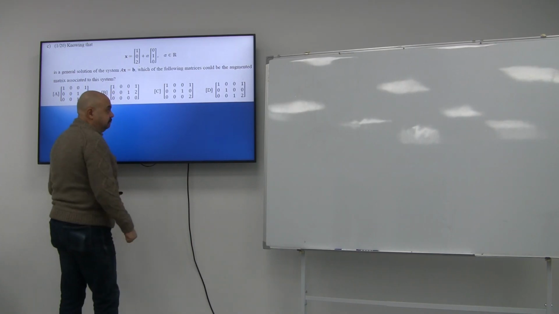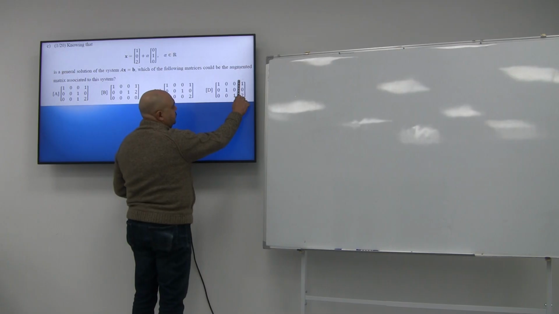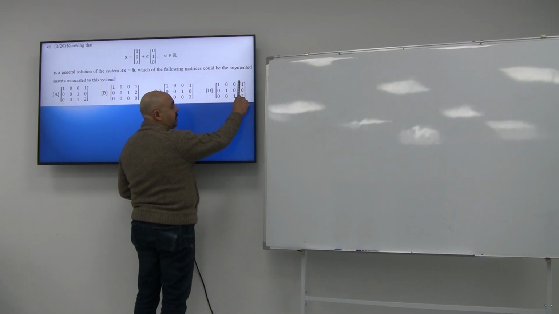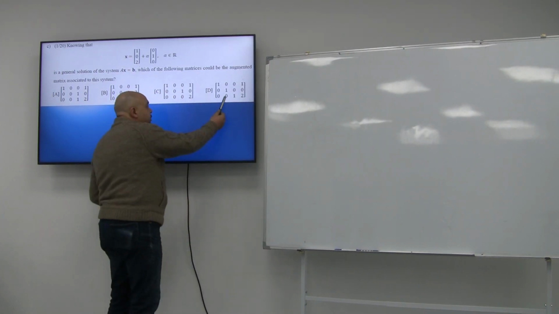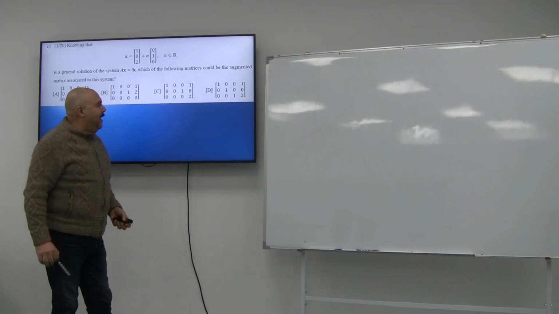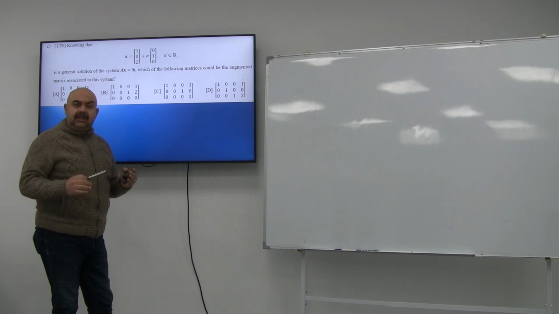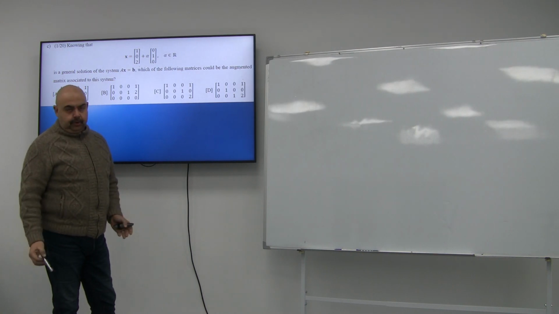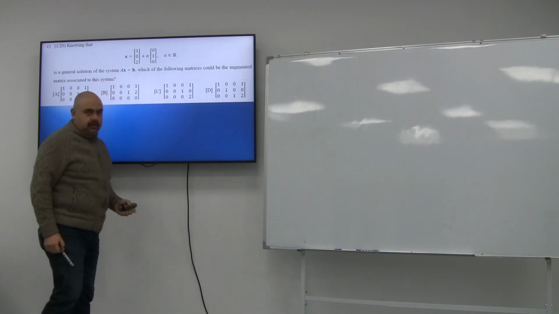If you look at D, you will find the coefficient matrix is 3 by 3. It has rank equal to 3, and the rank of the augmented matrix is also 3. So this augmented matrix is actually in reduced echelon form, and it relates to a unique solution, a consistent independent solution. So C is an inconsistent system, and D is a consistent independent solution.